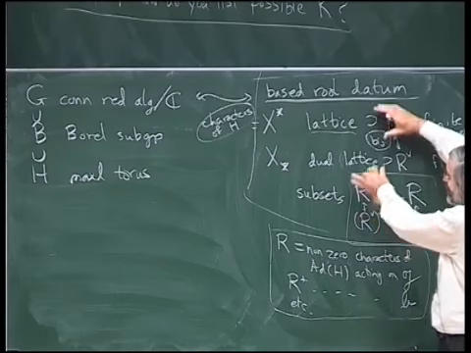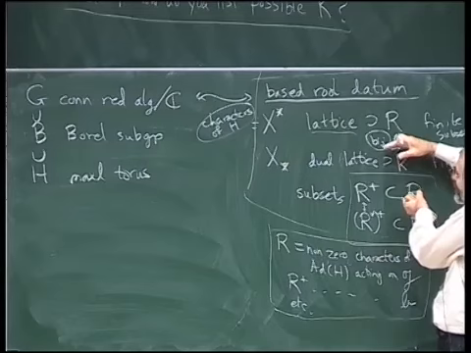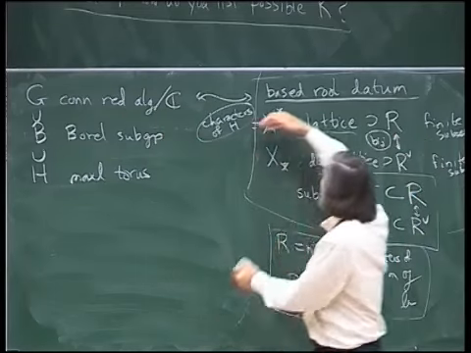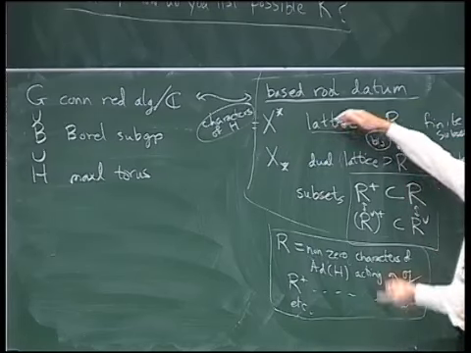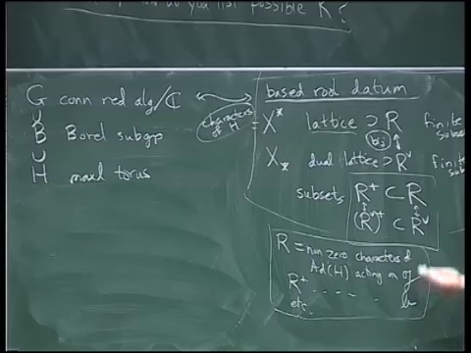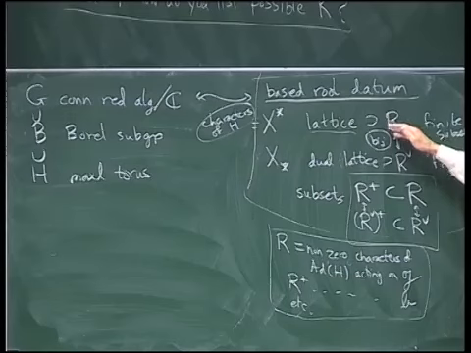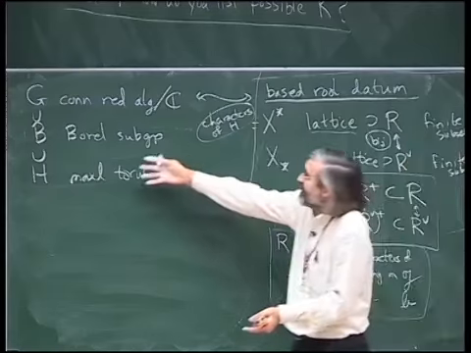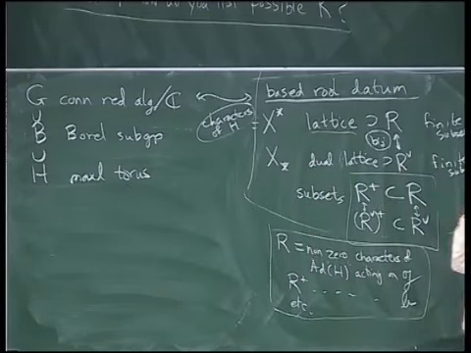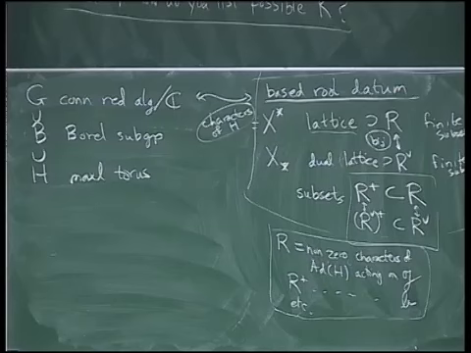So writing down a connected reductive algebraic group means you decide the dimension of the lattice, you decide it's going to be Zn, and you write down a finite set of strings of integers that are supposed to be the roots. Then you've sort of specified your connected reductive algebraic group.